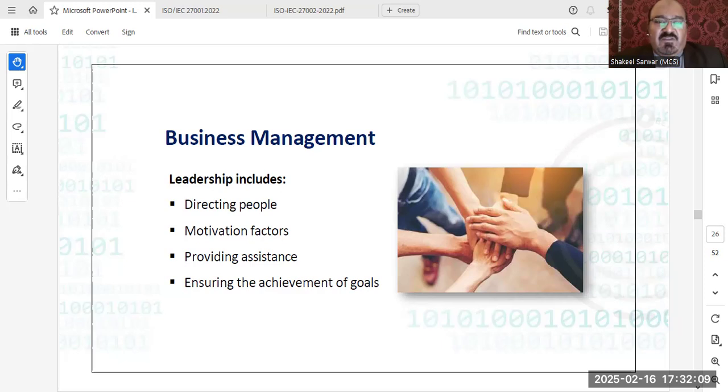By understanding and addressing these elements, the organization can implement ISO 27001 in a way that not only meets compliance requirements but also aligns with its unique context, ensuring effective information security management and business continuity.